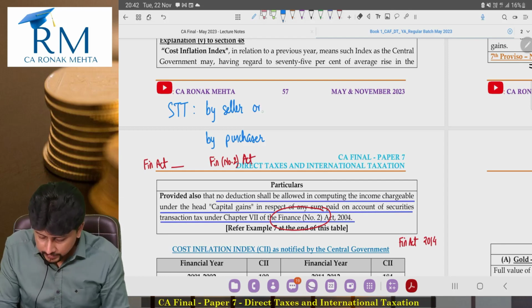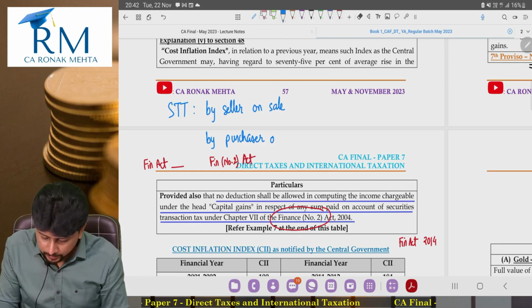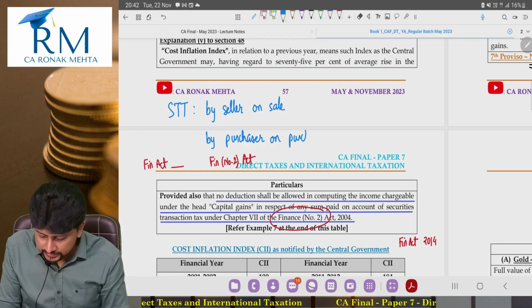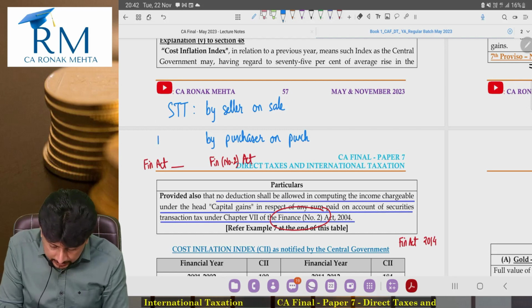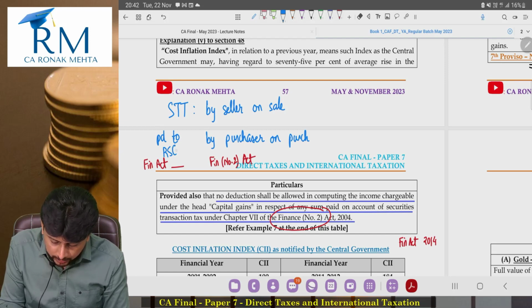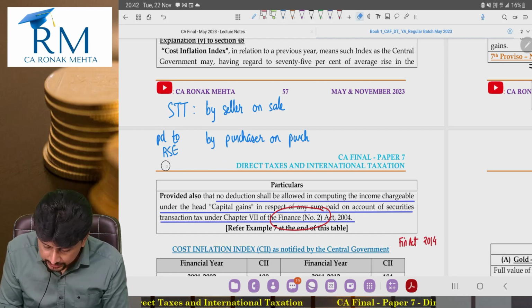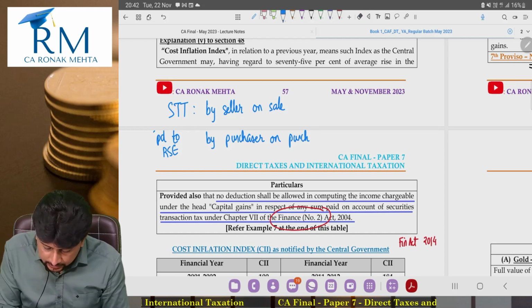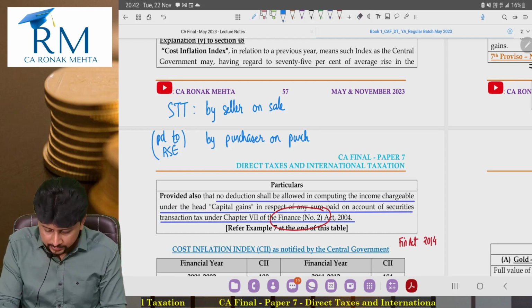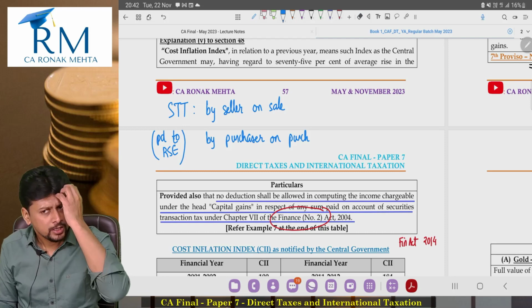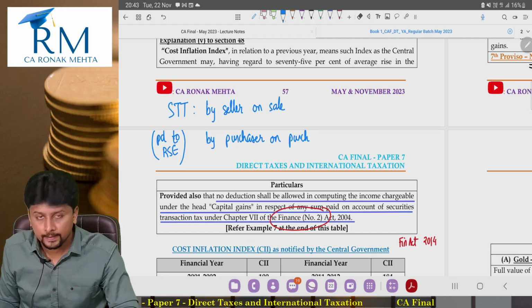So seller will pay it on sale, purchaser will pay it when he purchases. This STT is paid to that recognized stock exchange, Bombay Stock Exchange, National Stock Exchange. You are using their system of trading, you are using their mechanism of trading. So as charges, you are paying STT to them.